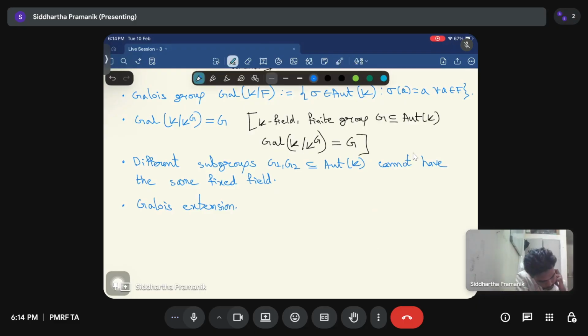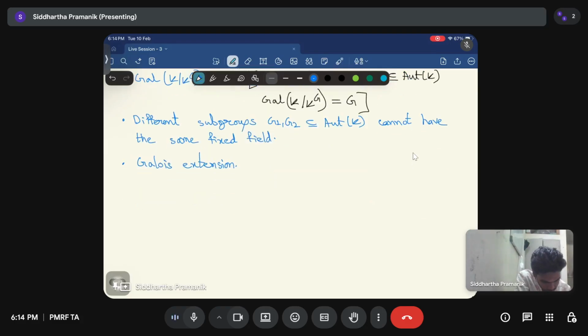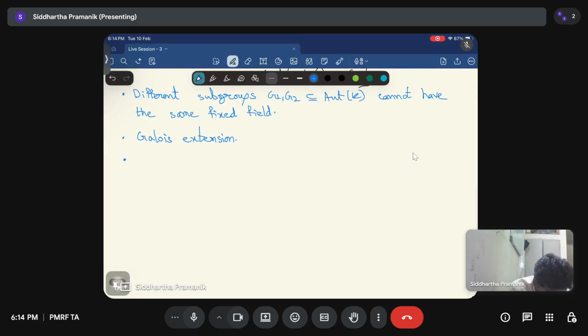and after this we have given a numerical characterization of Galois extension. So K over F is Galois if and only if the degree of this extension is the same as the cardinality of the Galois group.